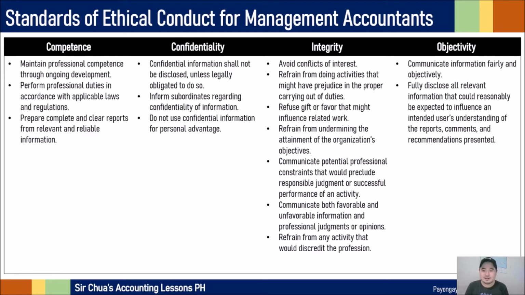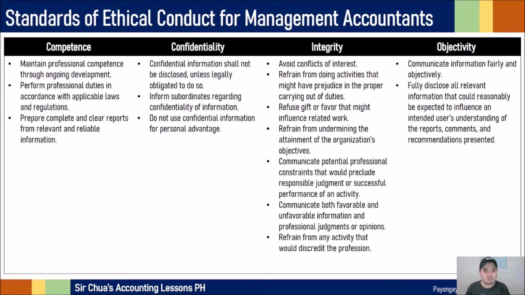Confidentiality in a sense that confidential information shall not be released outside, and you are also telling your subordinates that this information is subject to confidentiality and you are not using confidential information for your personal advantage. Integrity is you are doing the right thing as a management accountant.